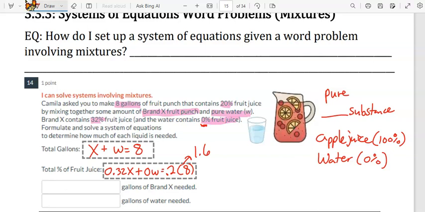So using those, we can go to Desmos and solve the system. Let's set it up as a matrix. We have equation 1, equation 2, and then 3 terms: the brand X gallons, the water gallons, and the constant.